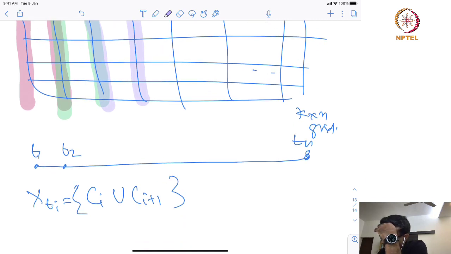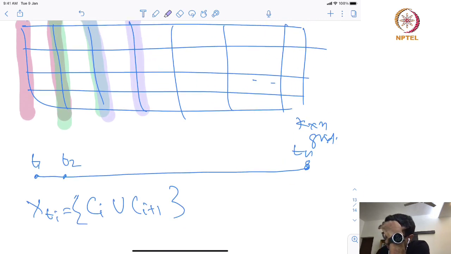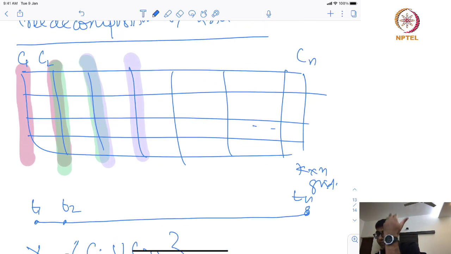You might ask what about X_Tn? For X_Tn I should write it is nothing but just column n. Now, notice every vertex appears in some bag. Now, look at any edge. If it is an edge which appears within some particular column, then that occurs in a bag, or any other edge is between some column i and column i plus 1. And I know that column i and column i plus 1 are together in a bag. Okay, so that is done.